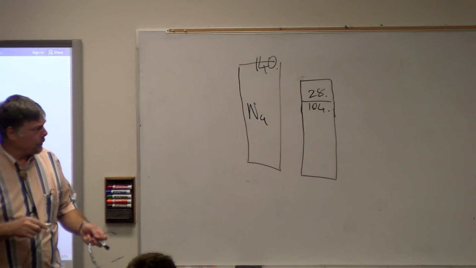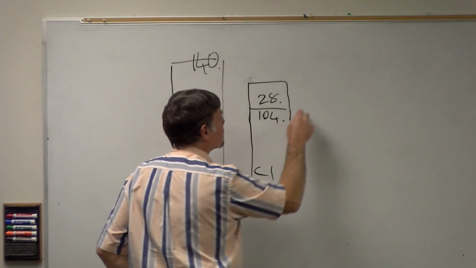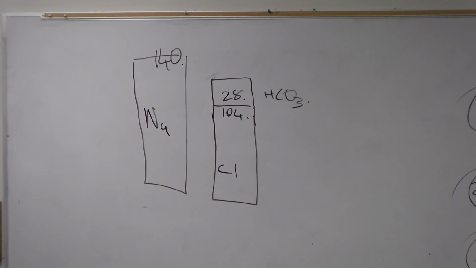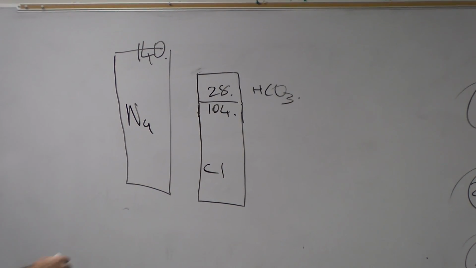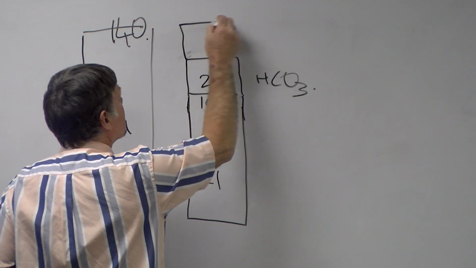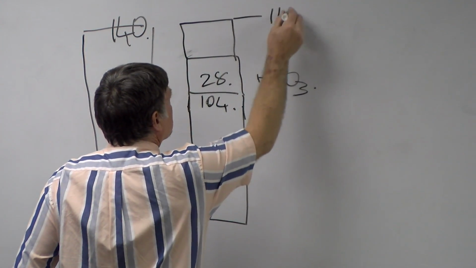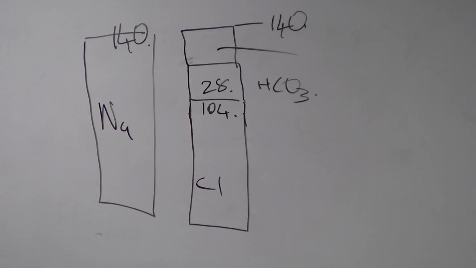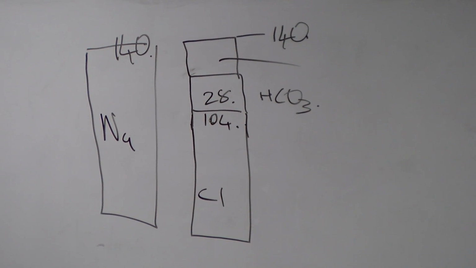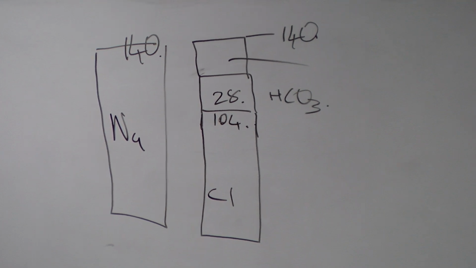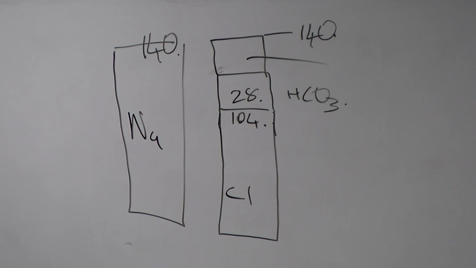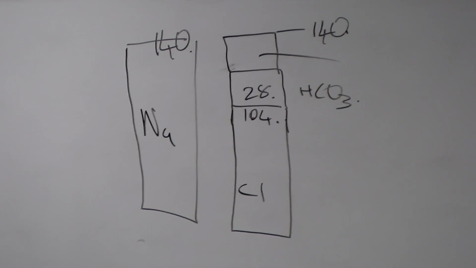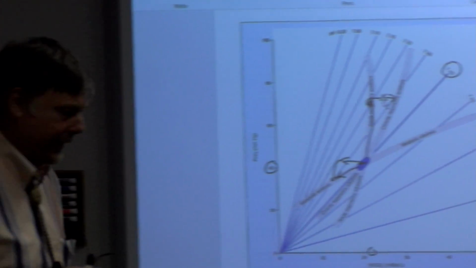Now, we know from chemistry that all the pluses must balance all the minuses, right? And so, that's got to be something else. So let's consider a metabolic acidosis. The one thing that has to happen in a metabolic acidosis is the bicarbonate goes down.